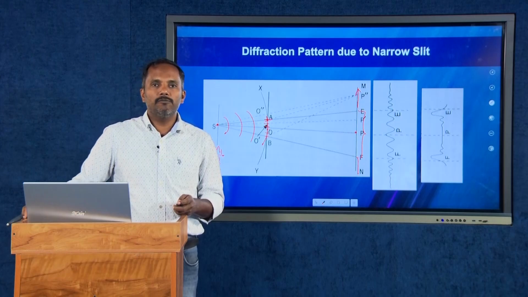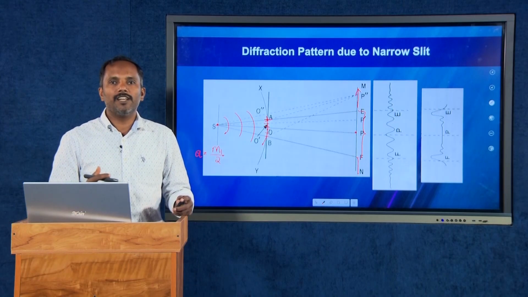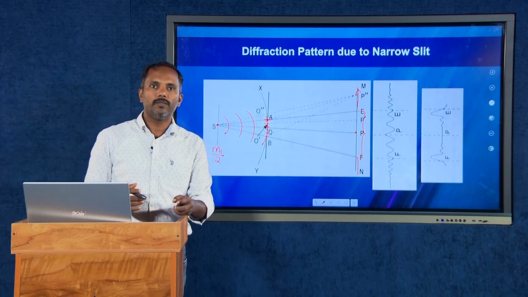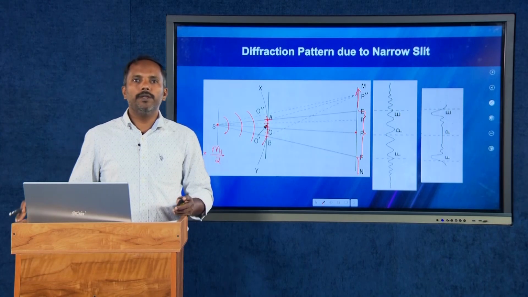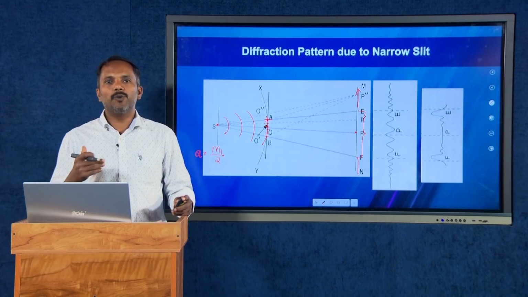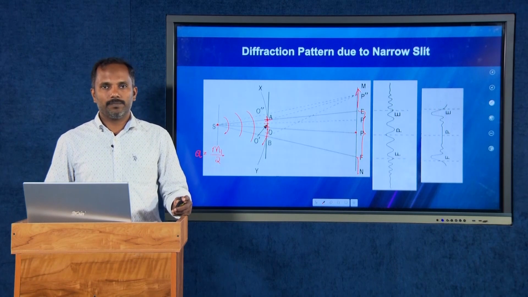So, what is M1? M1 is the amplitude due to the first half period strip from this region. Thus, the point P will be illuminated. Even the points very near to P will be equally illuminated.